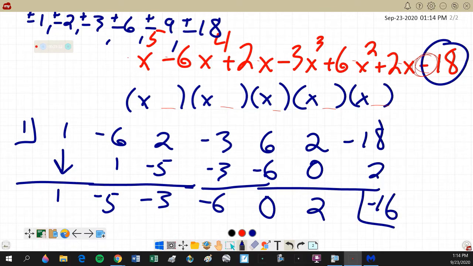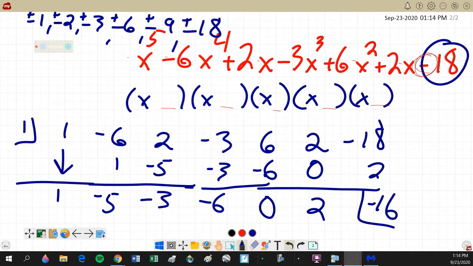Did I mess up again? Okay, what did we learn? 1 does not go in nicely, which means 1 is not a root. The graph does not hit the x-axis at 1. Now, why did I do 1 first?